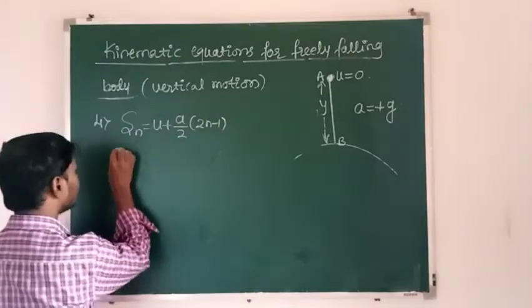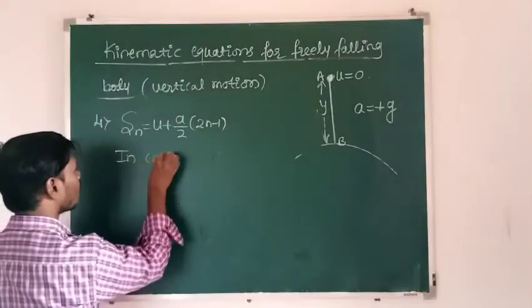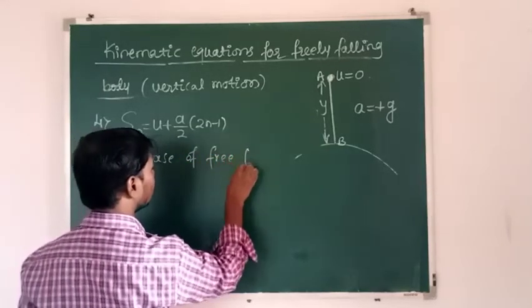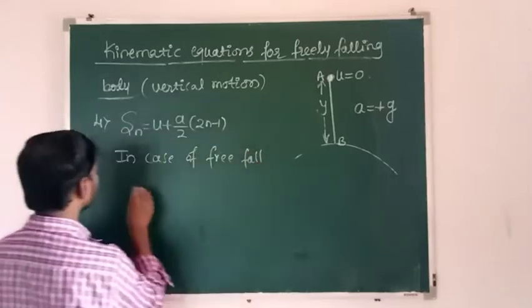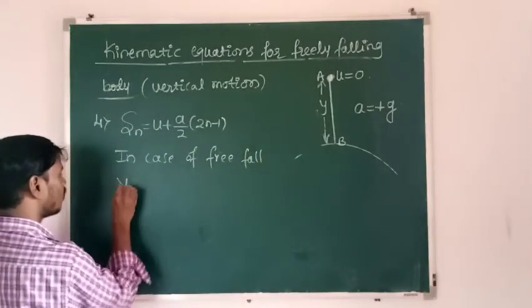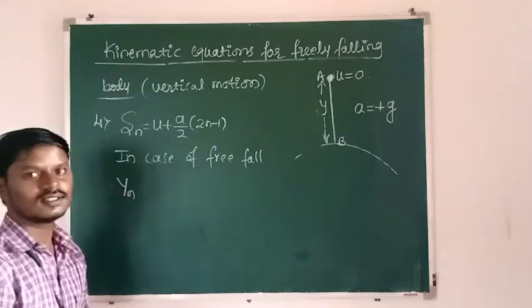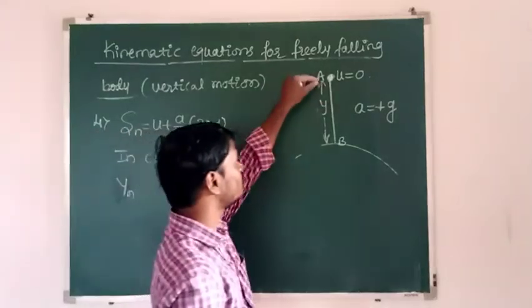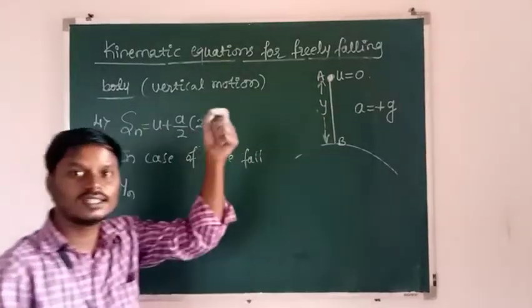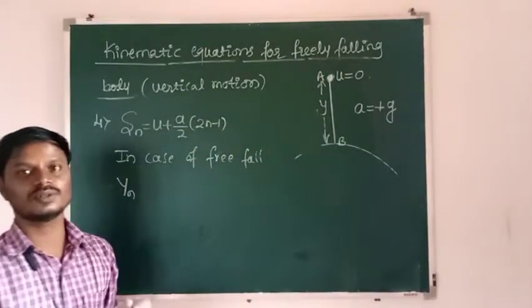So in case of free fall, Sn can be written as yn. Means the distance traveled by the object in the nth second, in which direction? Vertically downward direction.